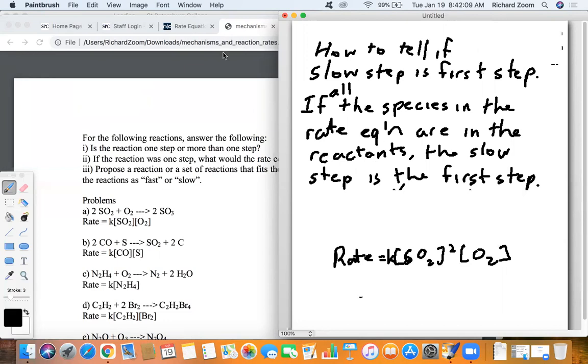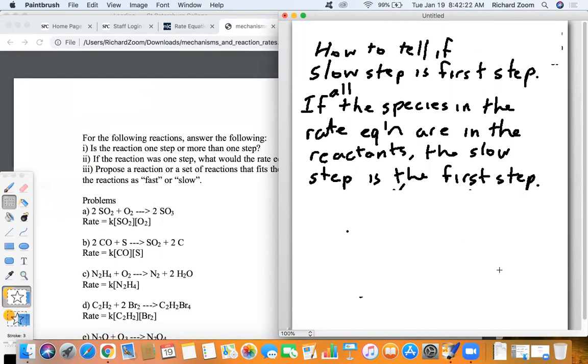There's only one step. It's only one step. That's exactly right. So this is not a one-step process. We can already determine that by looking at the rate equation. But what I know is that the first step is the slow step.